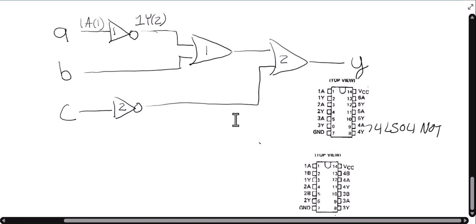For this NOT gate, 2A is pin 3, and when I come out, I'm at 2Y, which is pin 4.